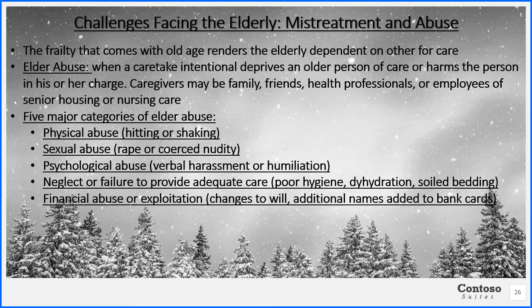And then financial abuse or exploitation. So if somebody makes a change to someone's will shortly before they pass away, or if additional names are added to their bank cards so that someone can go spend all that money. So physical abuse, sexual abuse, psychological abuse, neglect, and financial abuse.